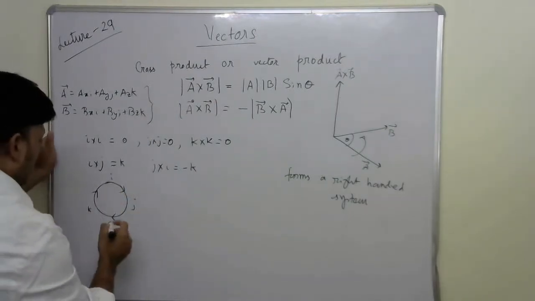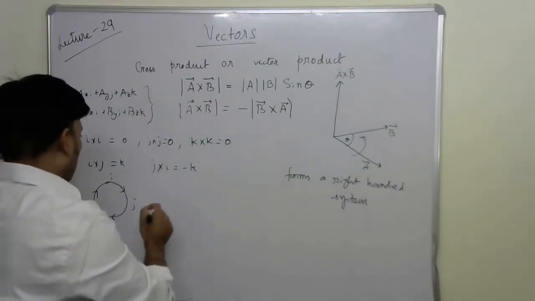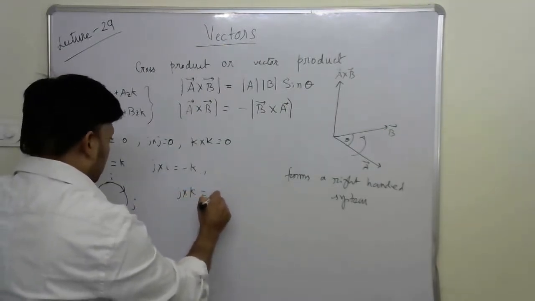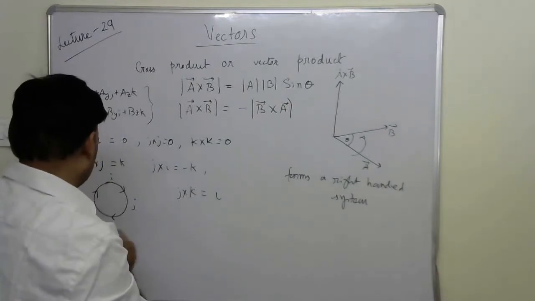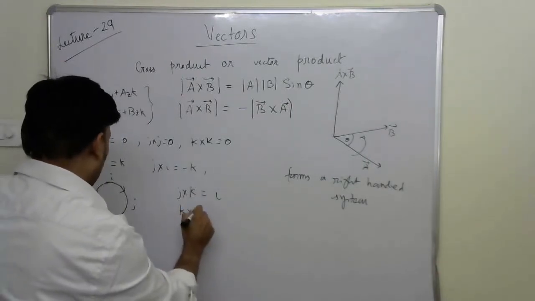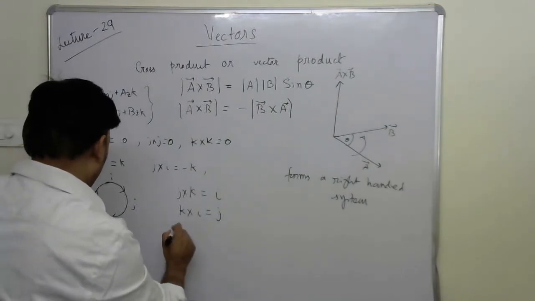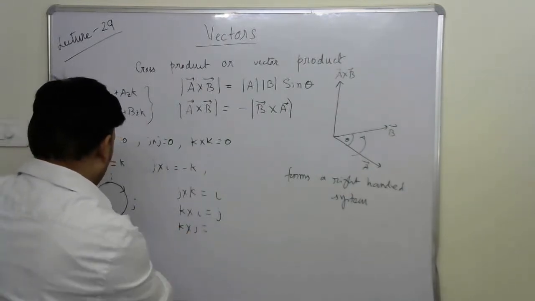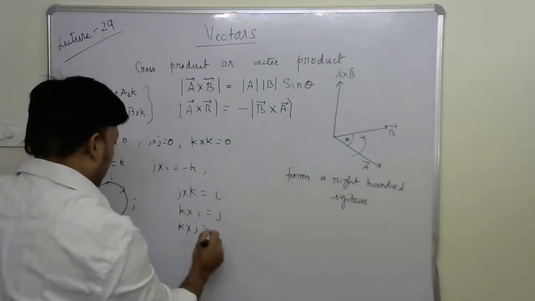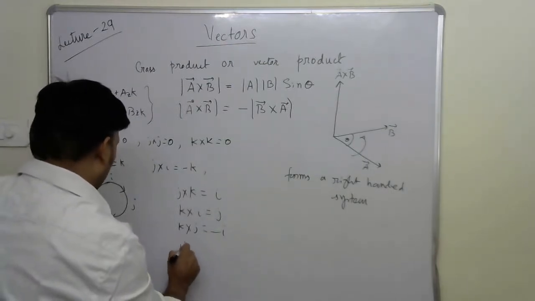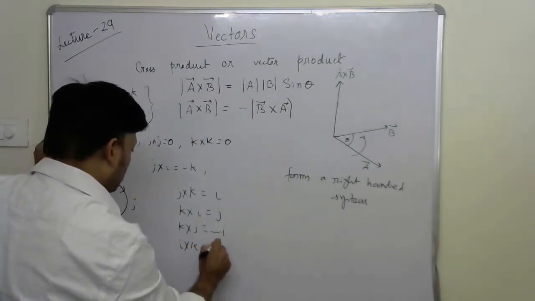In similar fashion, J cross K is equal to I, K cross I is equal to J, but the moment we write K cross J, it becomes minus I, or the moment we write I cross K, it becomes minus J.